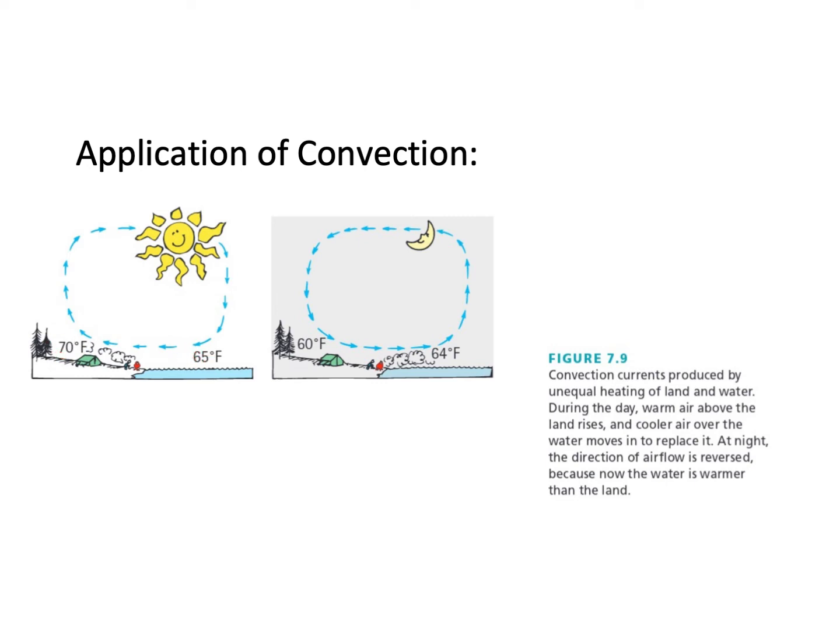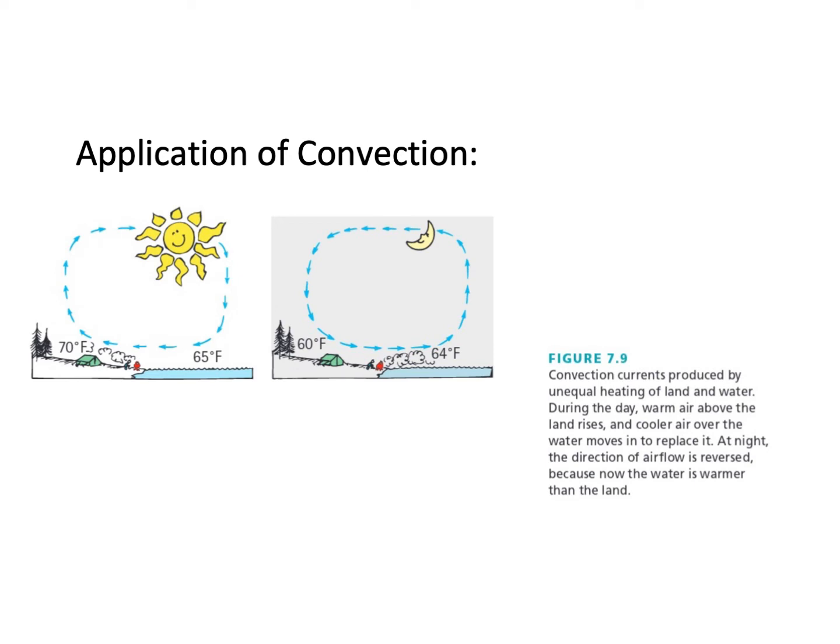That's going to create a convection effect. The warmer land is going to drive the air up, and the cooler air over the water is going to sink down as the warm air rises, and that creates a cycle of current. So the wind is coming from the lake onto the land.